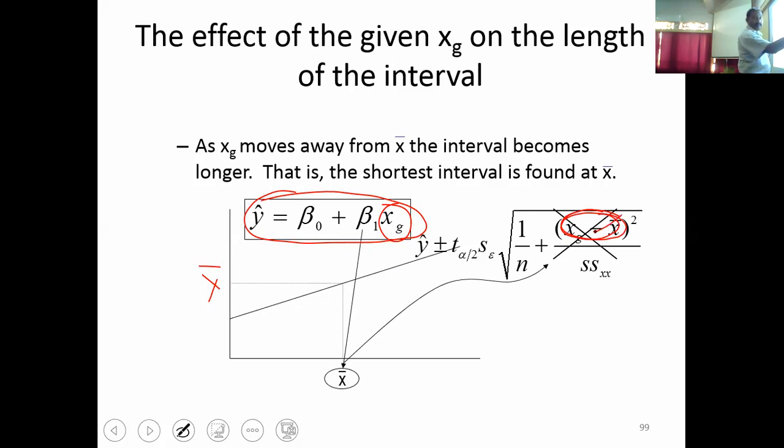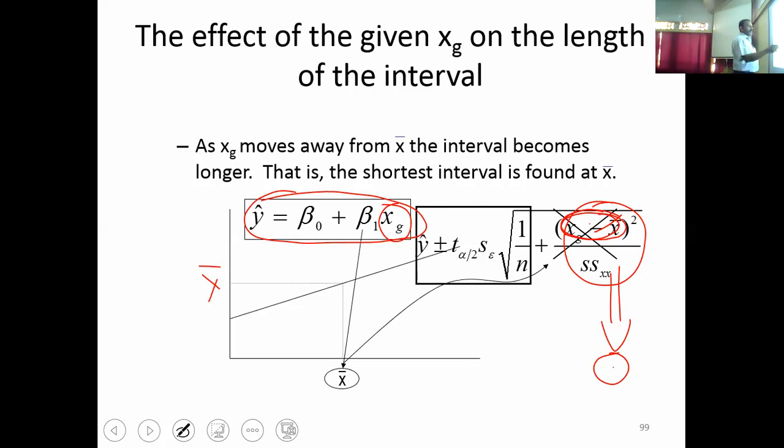It becomes 0 when xg is equal to x bar. If that component becomes 0, then that is the confidence interval based on this calculation, giving the higher and the lower value of y.